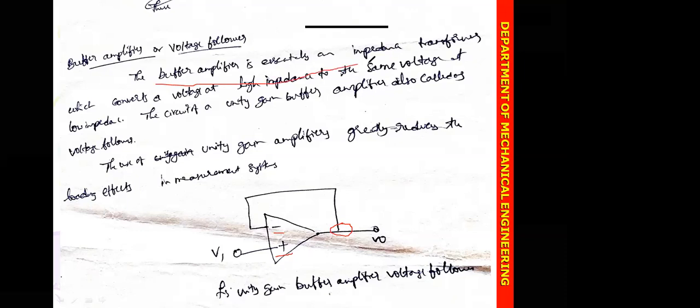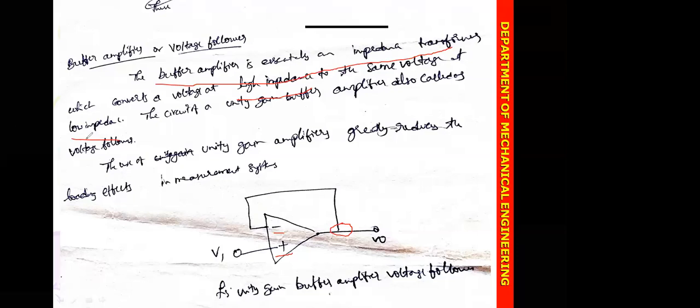The buffer amplifier is essentially used as an impedance transformer, which converts a voltage at high impedance to the same voltage at low impedance. That means the voltage at the input having high resistance is converted into the same voltage of negligible resistance.